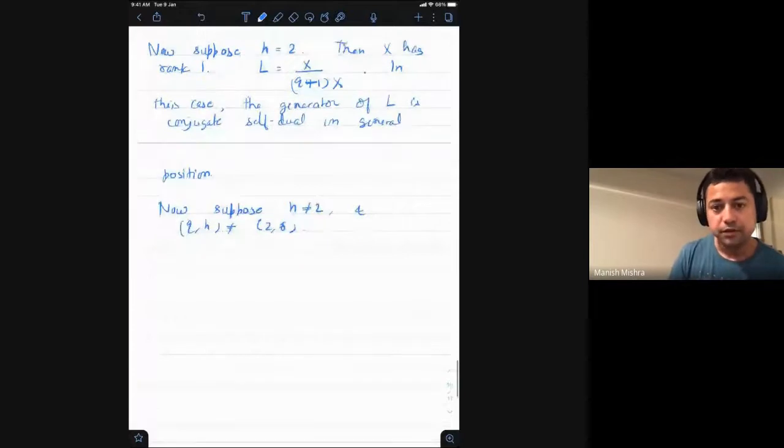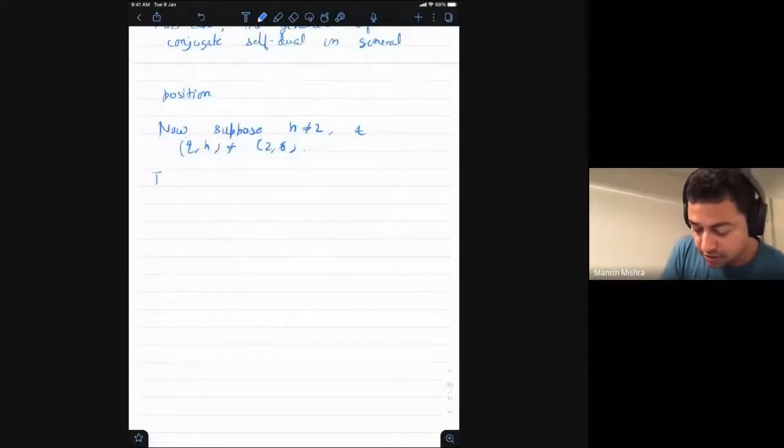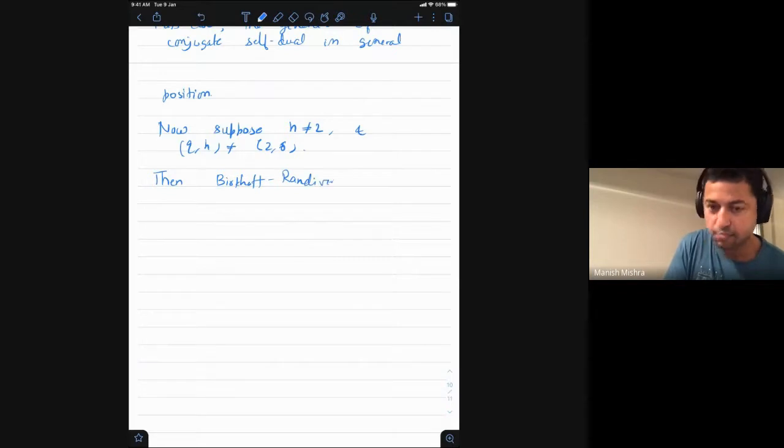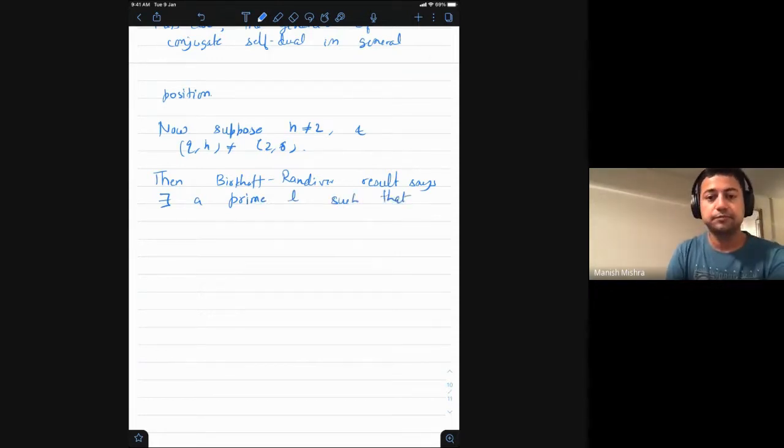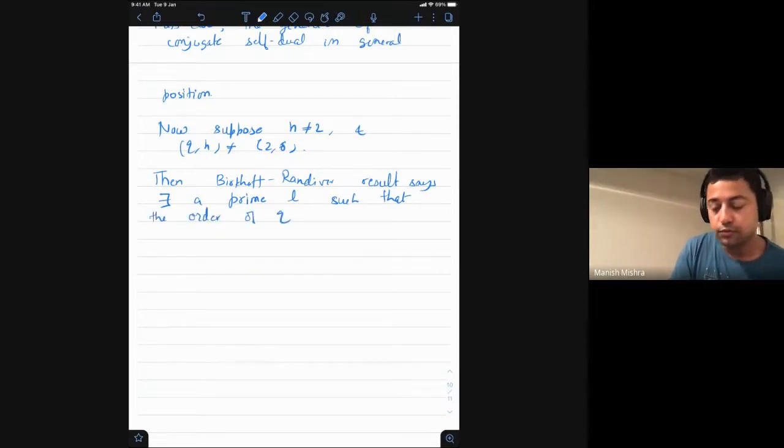We make this assumption, and then there is a more than 100-year-old result of Birkhoff and Vandiver, which says that there exists a prime l such that the order of q mod l is h.